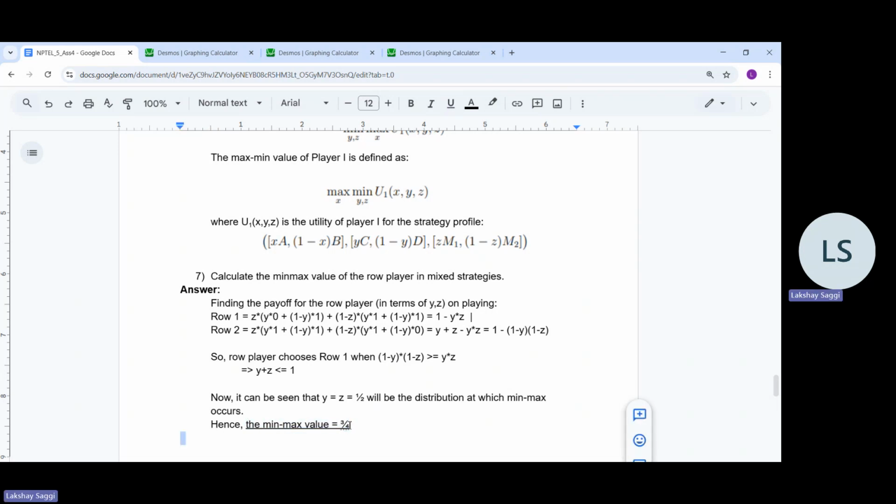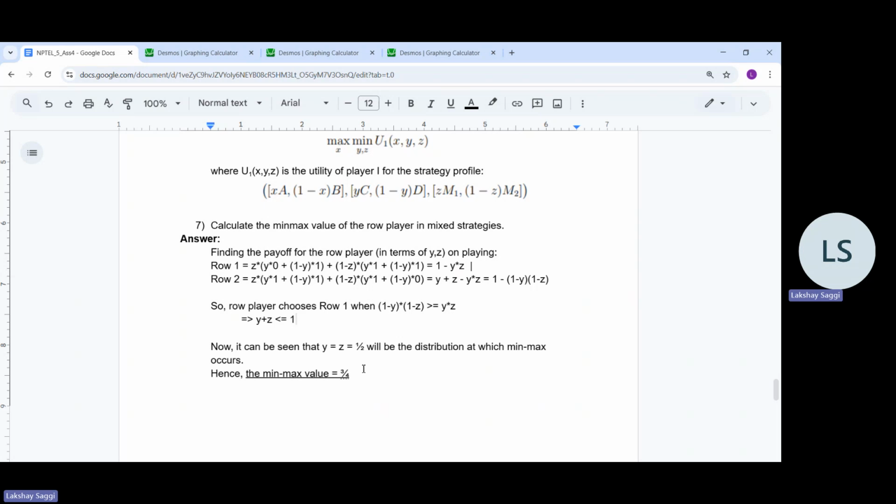How did I arrive at this 3 by 4? You just put y equal to z equal to half here. And why was y equal to z equal to half the distribution, using these arguments? This was a bit of a different question because it involved different kinds of arguments.